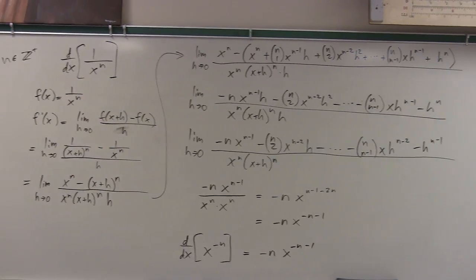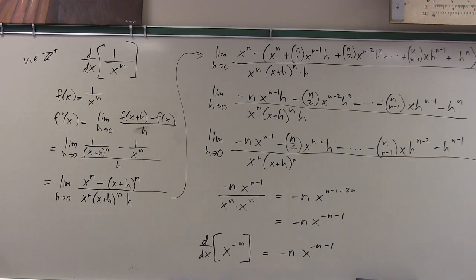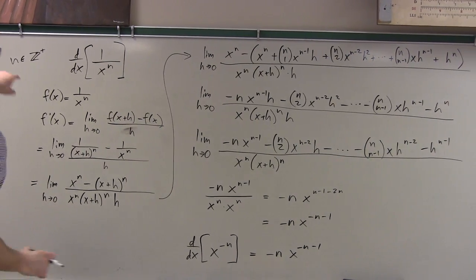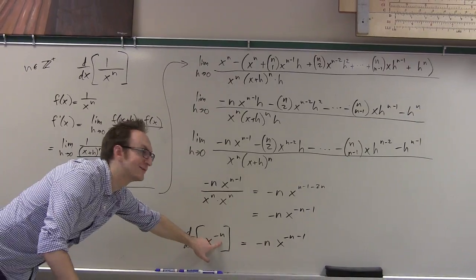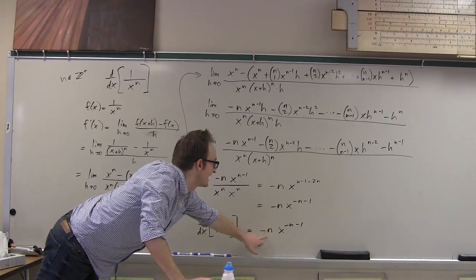In other words, we've showed that it does obey the power rule, right? Even if the power is negative, you can still drop it down and subtract 1.